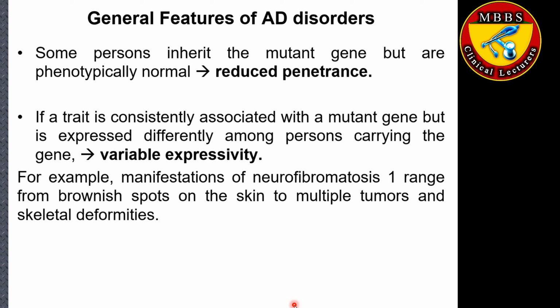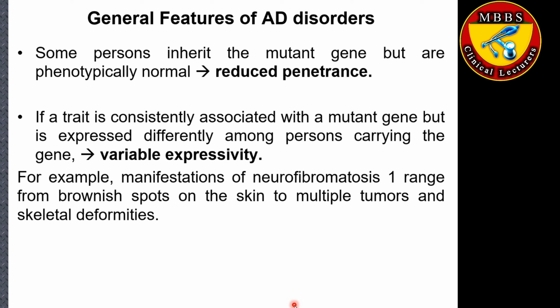Then the second is variable expressivity. It means that a trait is associated with a mutant gene, right? A mutant gene is present, but that gene is expressed differently among the persons carrying the gene.